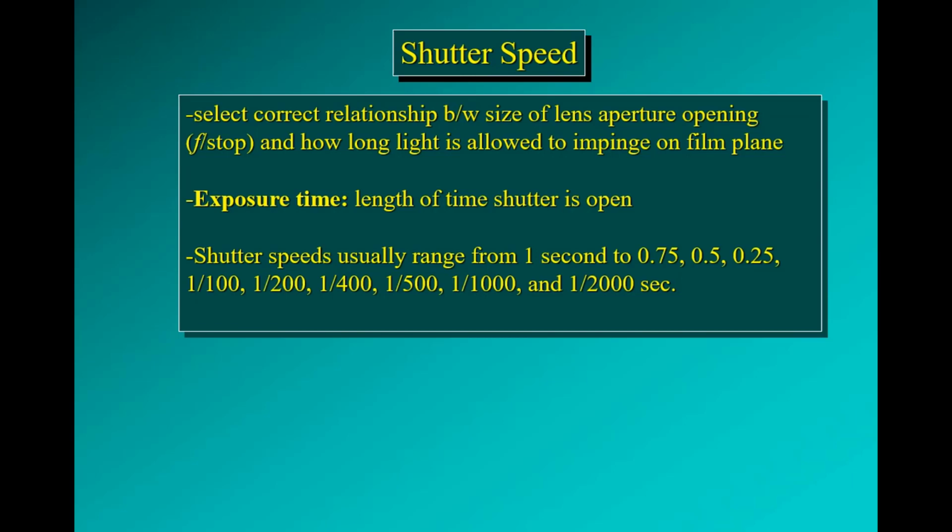Now, to increase the amount of light that actually reaches the film plane, one could do a couple of things. We could increase the size of the aperture opening. So, for example, we could go from, say, f16 to f11, which would effectively double the area of our aperture opening. Or we could, for example, increase the length of the exposure.